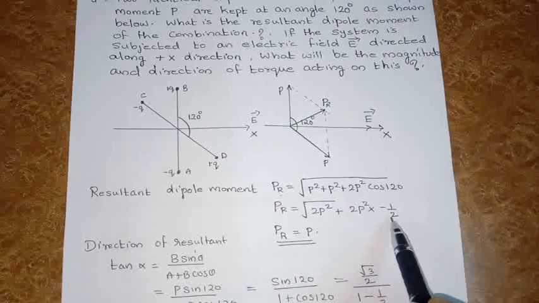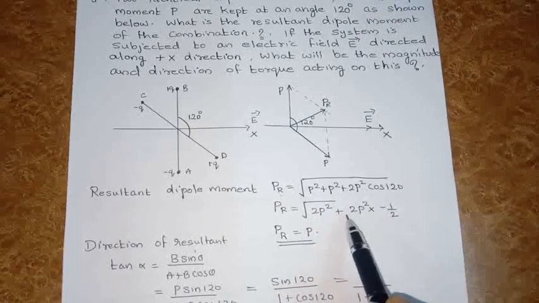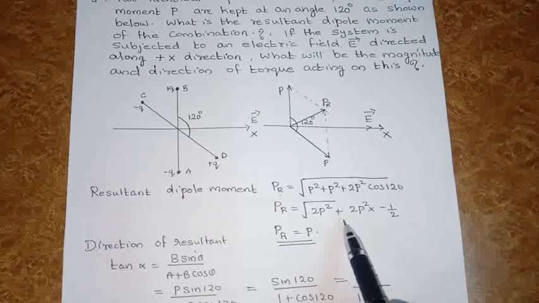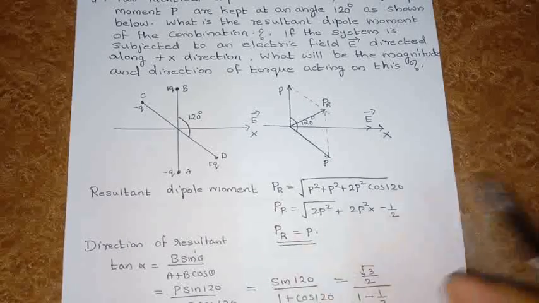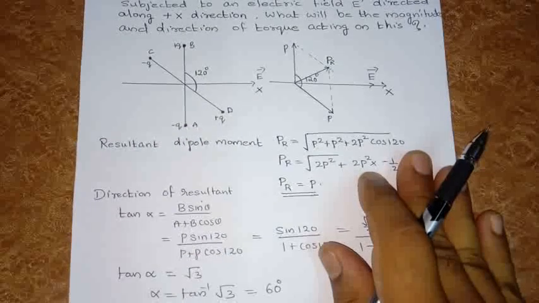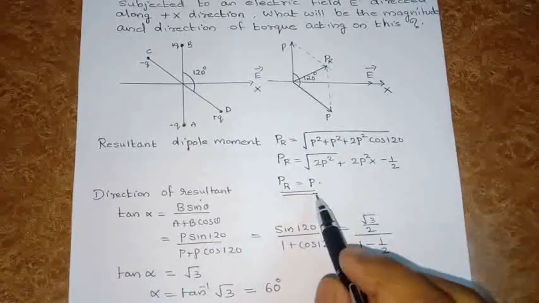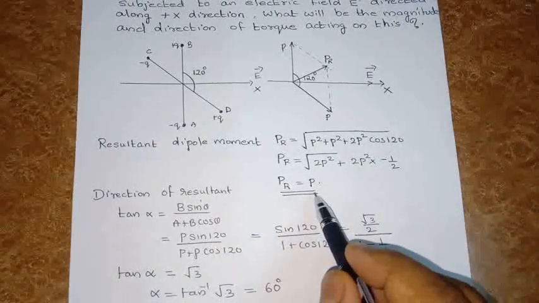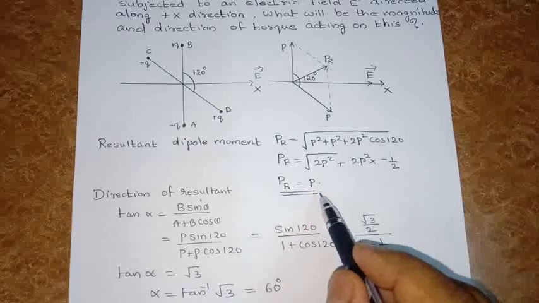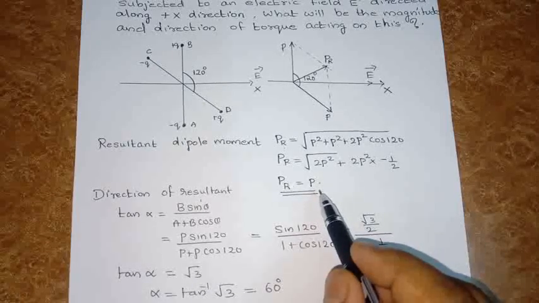So this 2 and 2 cancel. 2 P square minus P square will be P square only. The square root of P square will be P. So the resultant dipole moment is nothing but P, the magnitude of the dipole moment of any dipole.